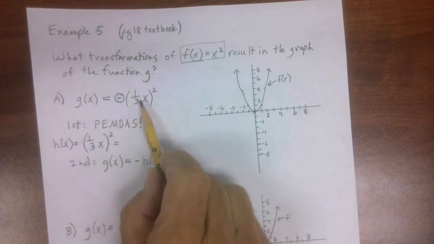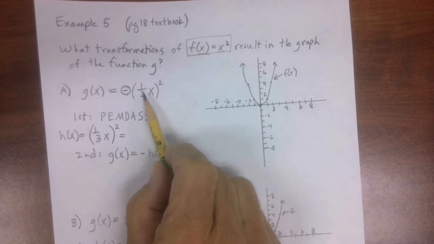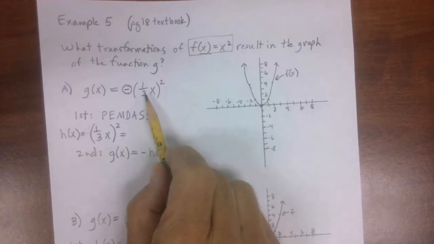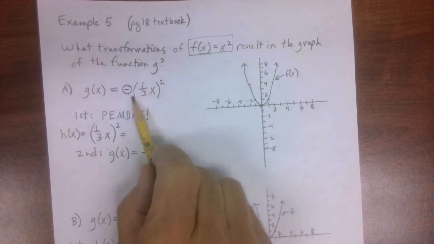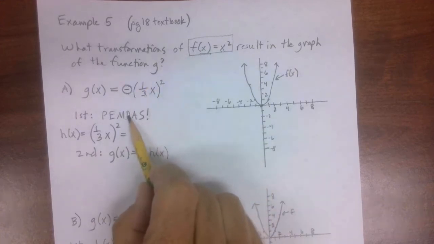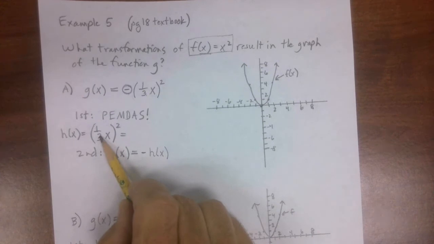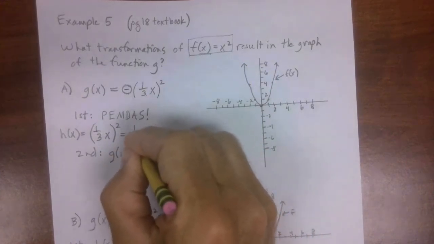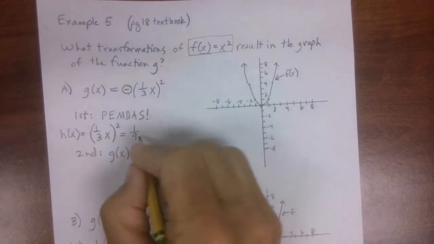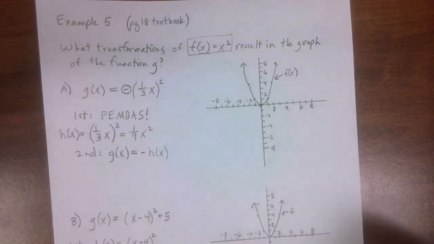Now I'm going to go ahead and make a bold statement and say the book is wrong in this one. Because if you actually look at this, inside the parentheses and the squared, and we follow PEMDAS, this would actually be 1/3 times 1/3, which is 1/9, and that'd be x squared.